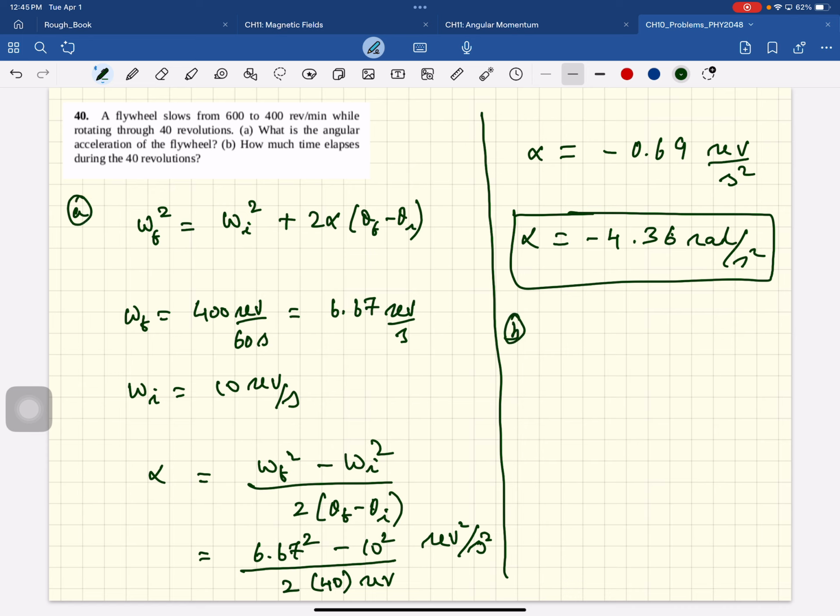For part B, how much time elapses during this revolution? So we have both the initial angular velocity and final angular velocity, so you can use this formula again if you want.